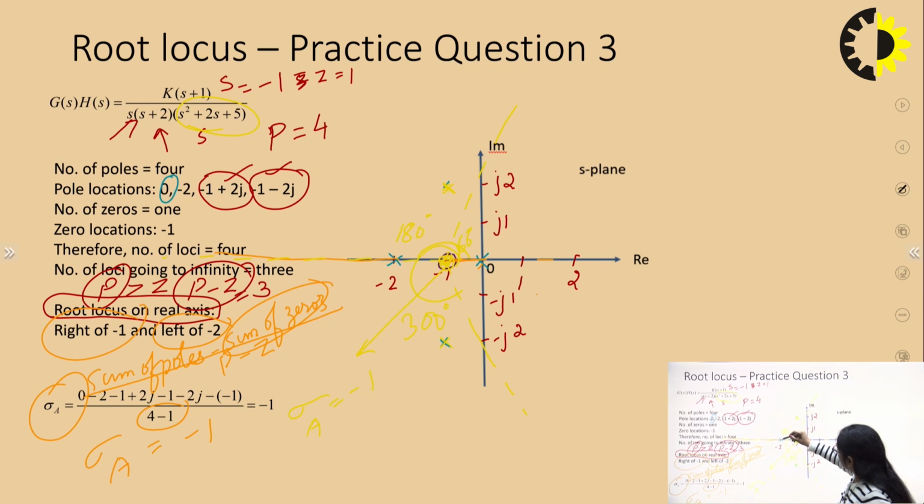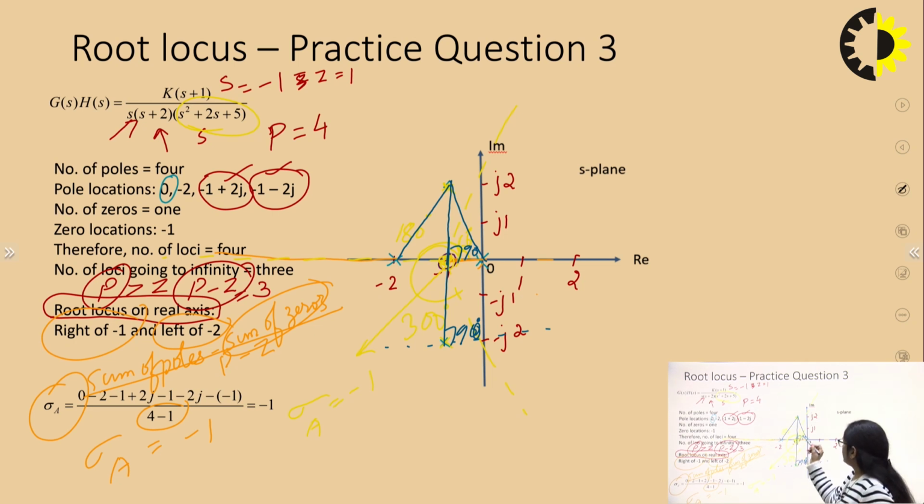So this is 1, from the pole at -2 to this pole, from 0 to the complex pole, and from the zero. So we can check out the angles. This angle is 90 degree with the real axis and this angle is also 90 degree with the real axis.